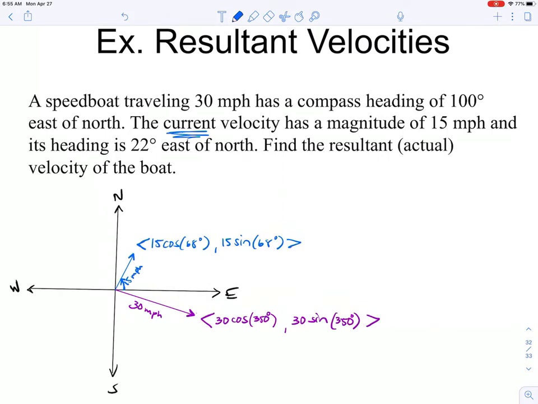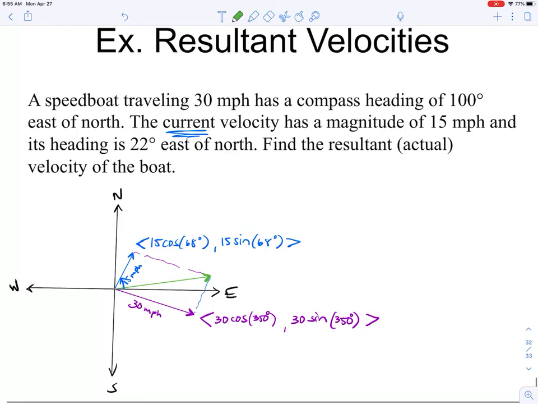And we want to find the resultant velocity of the boat. Okay, so if we were thinking about adding these vectors using the parallelogram method, since the tails are both at the origin, so constructing a parallelogram, we think the resultant vector would be this right there.